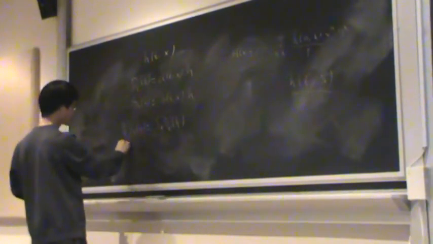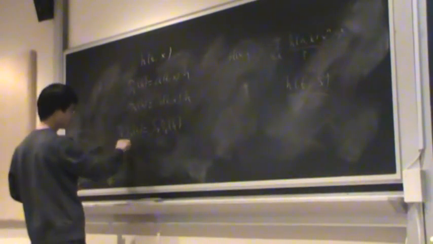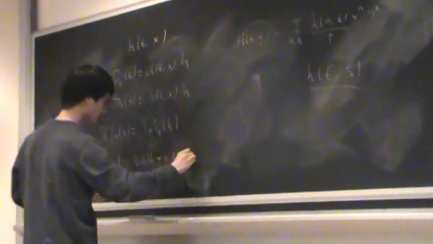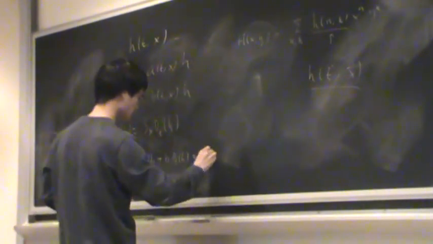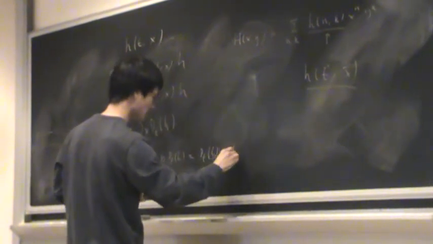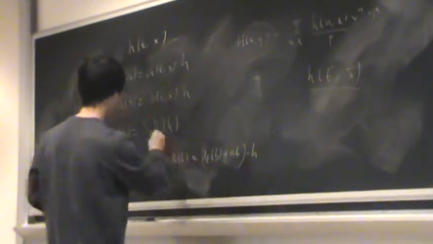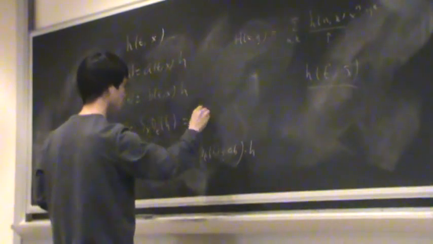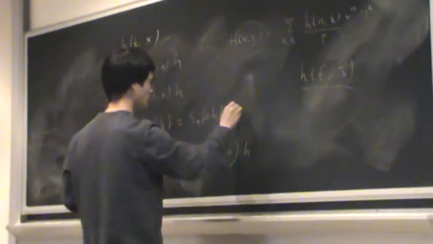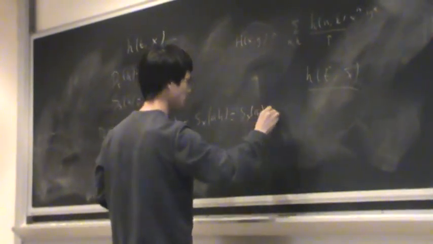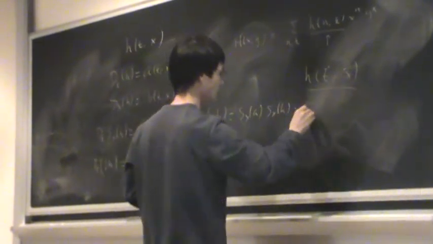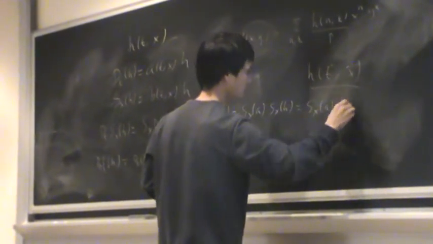So then you calculate this side. You have dt of Sx h equal to B h, and then you use the Leibniz rule, you get dt B h plus B dt h. Now you get (dt B plus A B) times h. And then from this side you can calculate Sx h and A h, so you get Sx A times B times h.